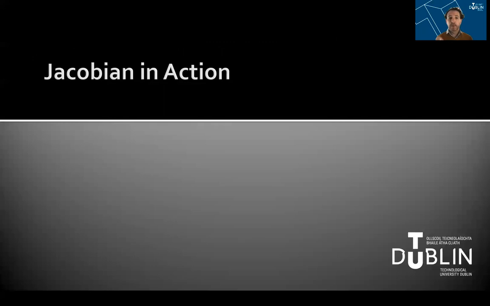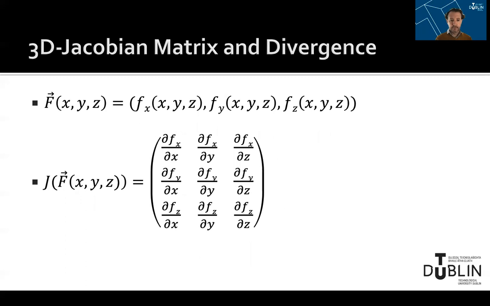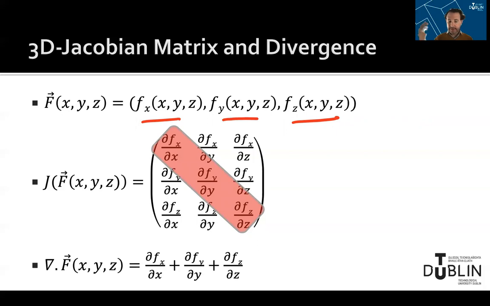Now, what about the Jacobian in action? So you have some function, once again, x direction, y direction, z direction, and you differentiate each of these. The diagonal of that matrix, so if you just add together the diagonal, it gives you your divergence.